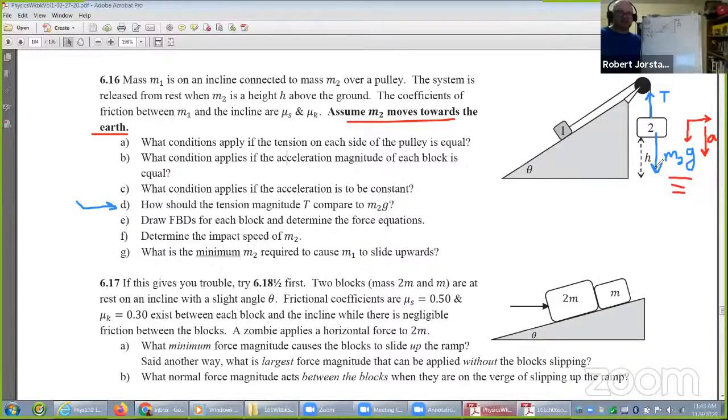Now, it is possible it would slide at constant rate. We aren't exactly told that. However, the odds of the frictional force exactly balancing this at some random angle are almost zero. So I guess I'm making another assumption. I'm assuming it accelerates.